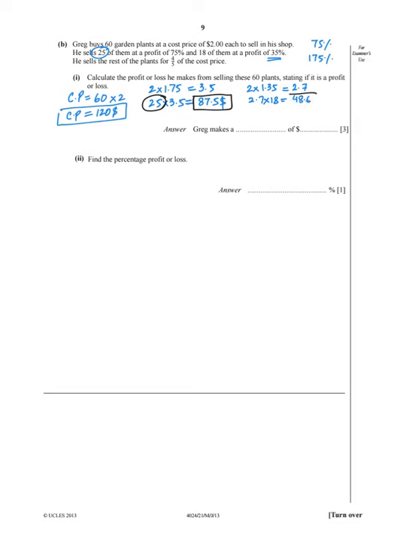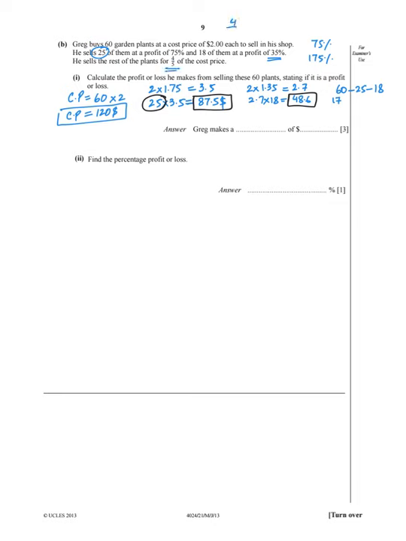All right. And at last he says he sells the rest of the plants. So how many plants are left? Total plants he has is 60. He sold the first 25 and then he sold 18. So 60 minus 25 minus 18 leads to 17. So 17 plants are remaining and he sells them at 4/5 of the cost price, right?